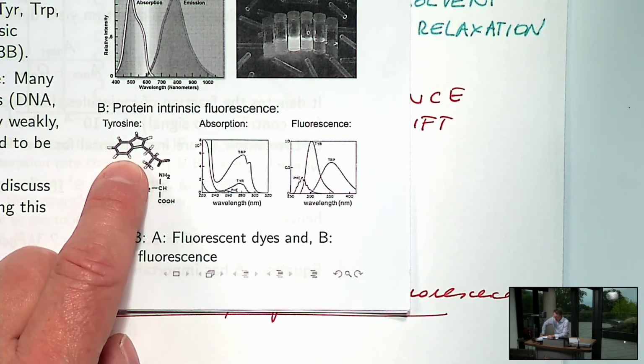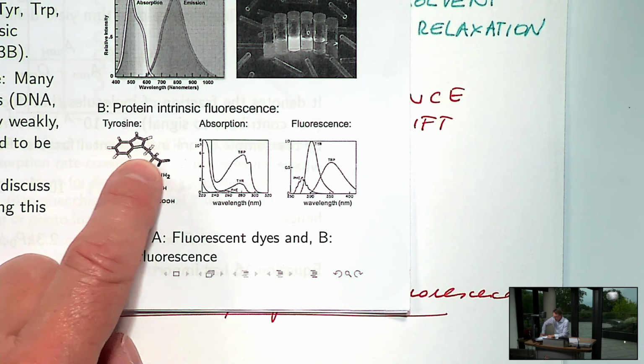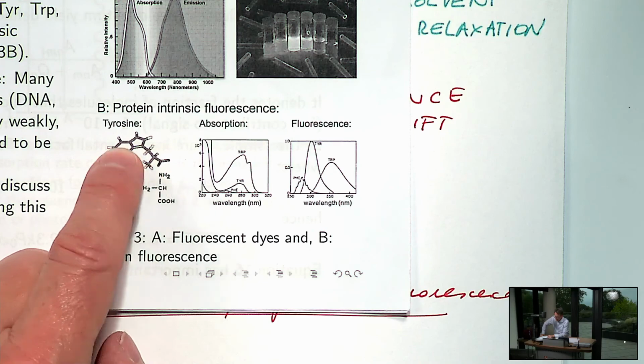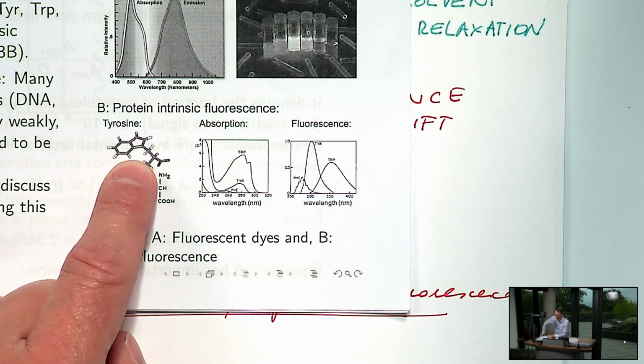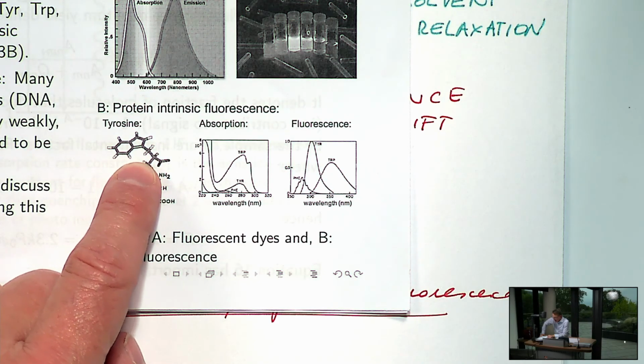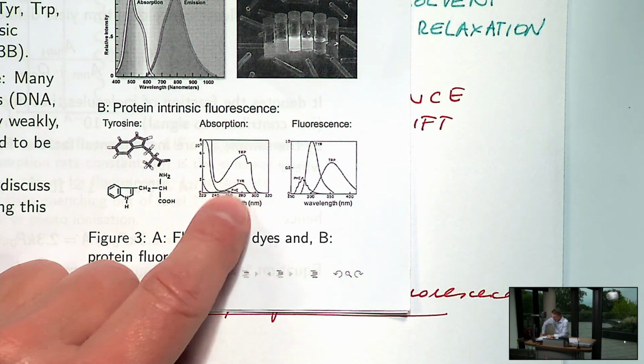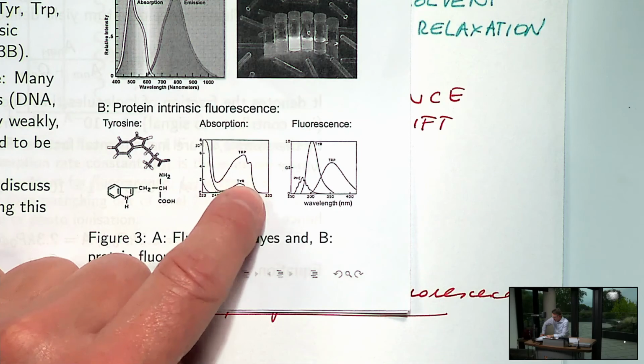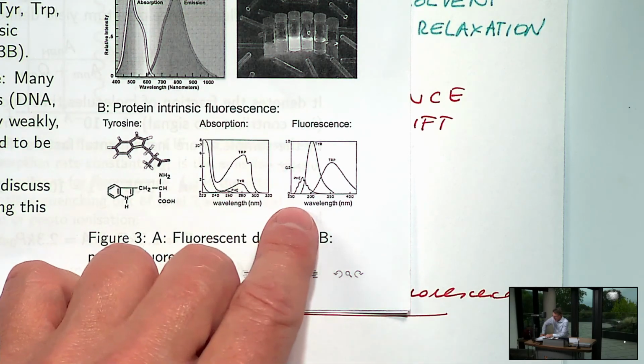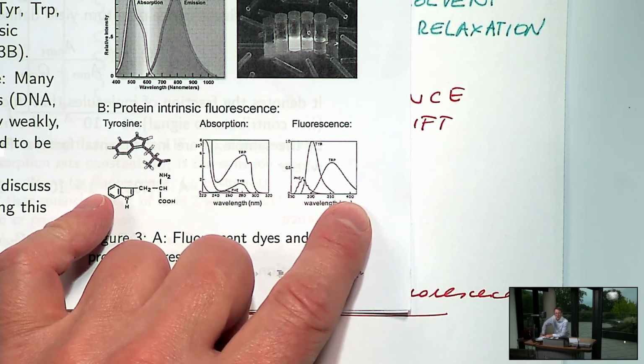You can see you have conjugated, aromatic rings. They can be excited in the UV, around 260 to 280 nanometers, and they emit between 250 and 400 nanometers.